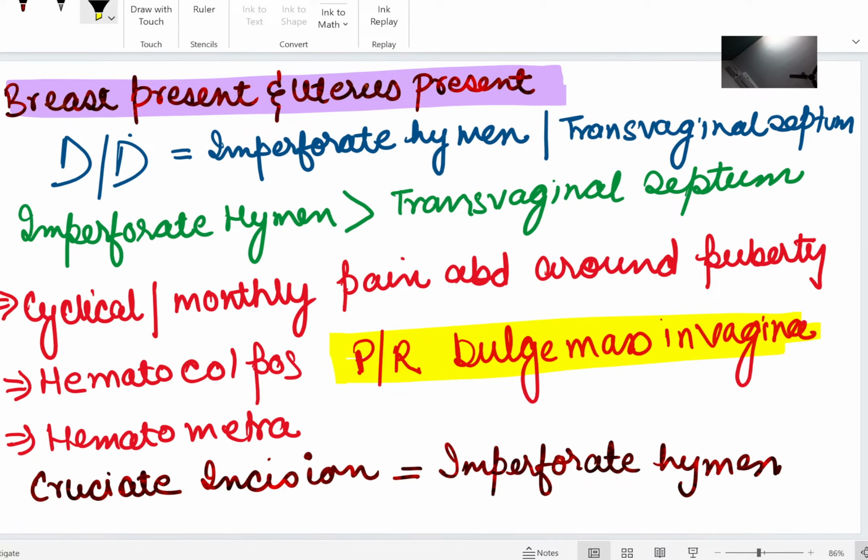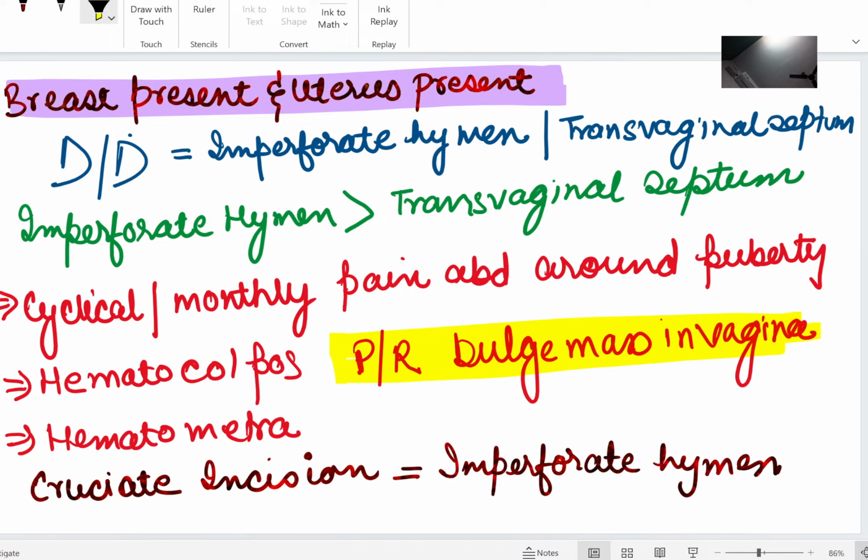Colpos means vagina, hemato means blood. Hematometra means blood in the uterus. Once in the FMGE, they asked: in a patient of imperforate hymen, if there is blood in the vagina, what is the diagnosis? Hematocolpos. If the blood is in the uterus, then the diagnosis is hematometra.